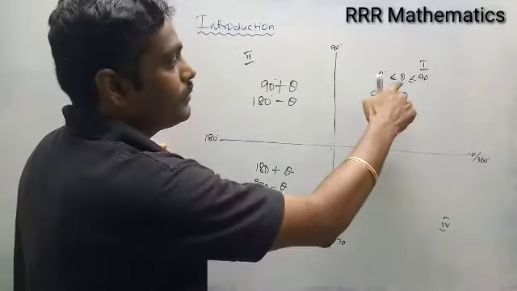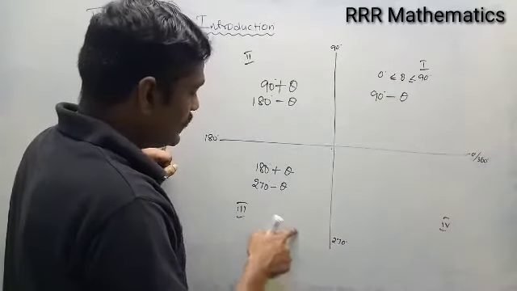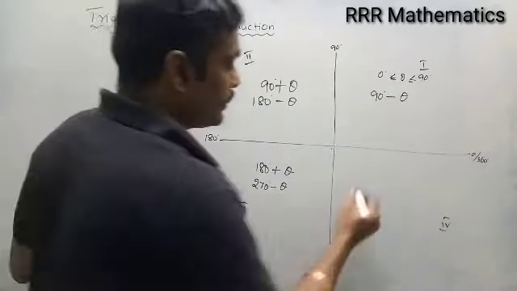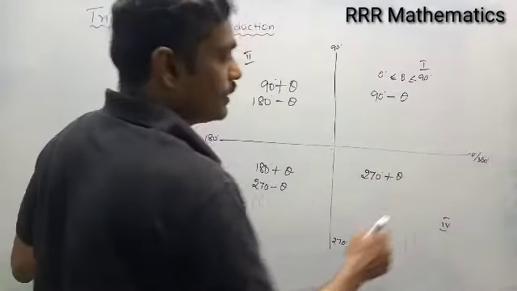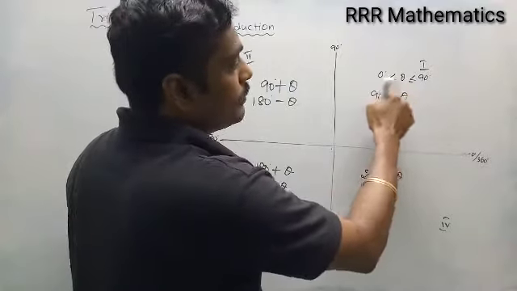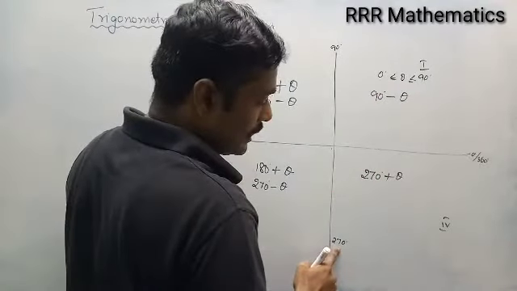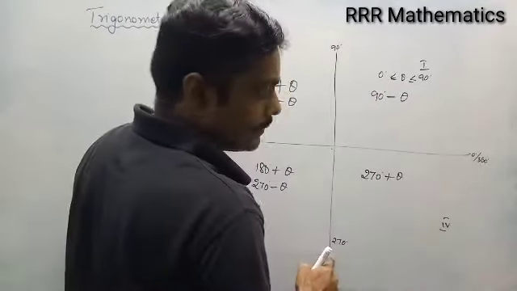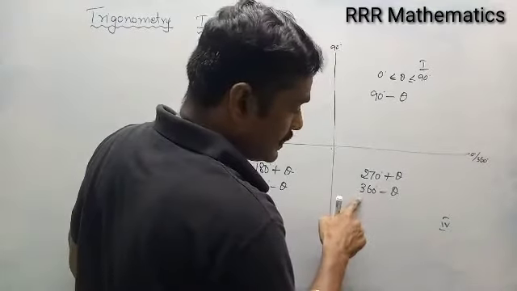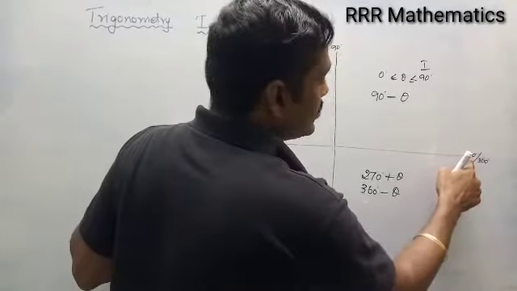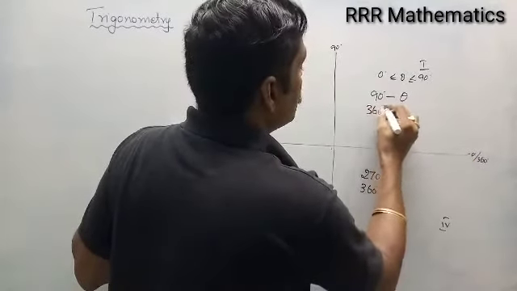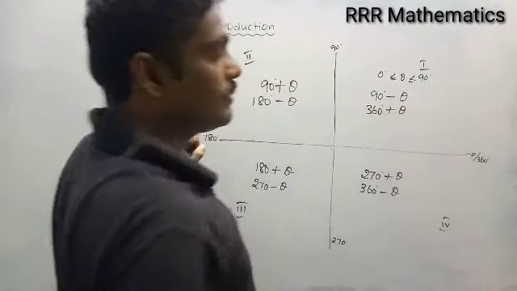Choose any value from 0 to 90 and subtract from 270, it lies in the third quadrant. 270 plus theta lies in the fourth quadrant. When you subtract theta from 360, it lies in the fourth quadrant. When you add 360 plus theta, it lies in the first quadrant.